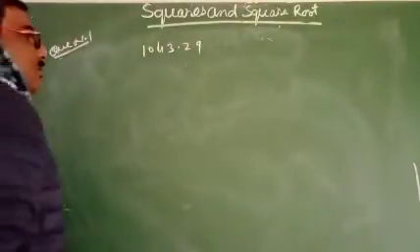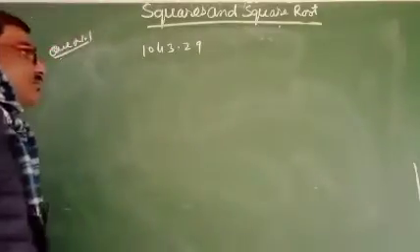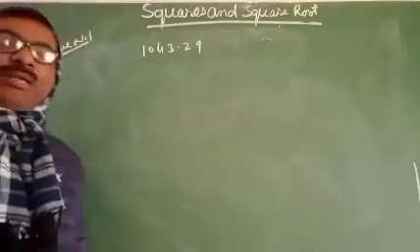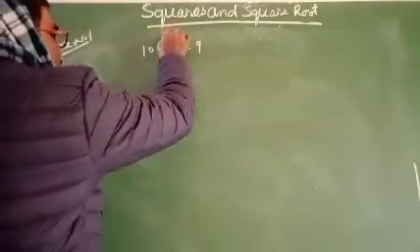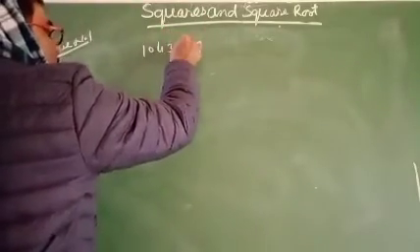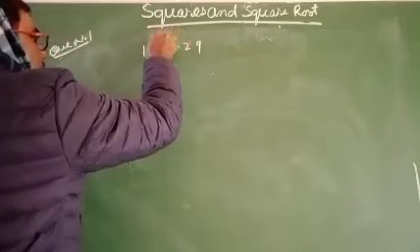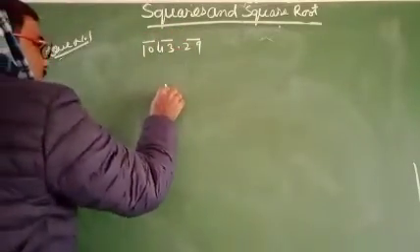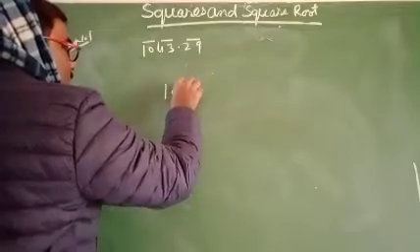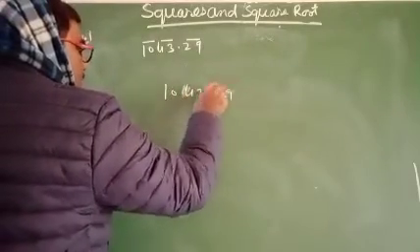Now I will make pairs from before the decimal number, and here will be. Now I will write it as 1043.29.